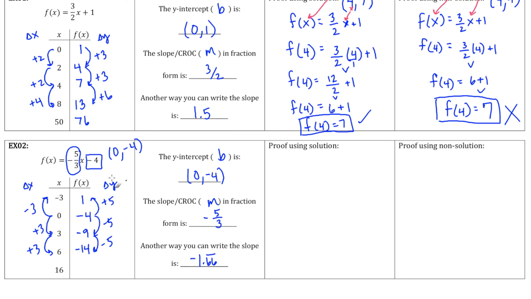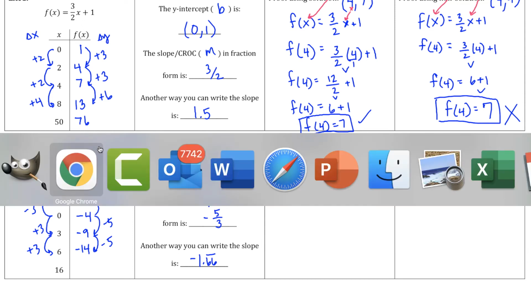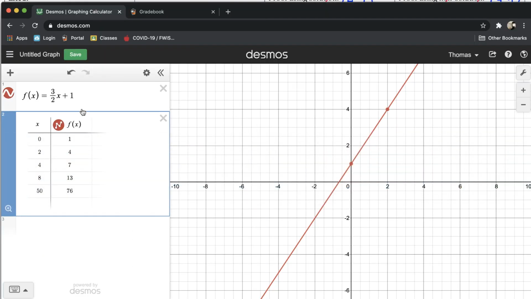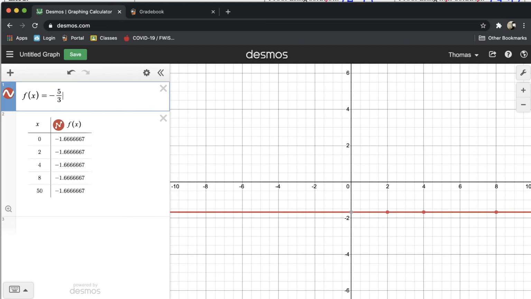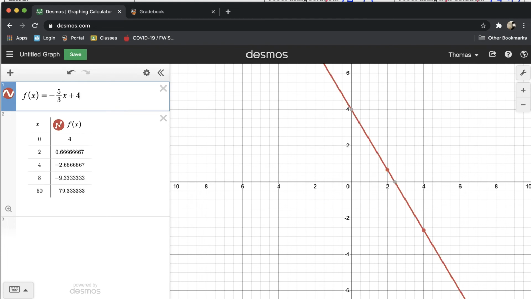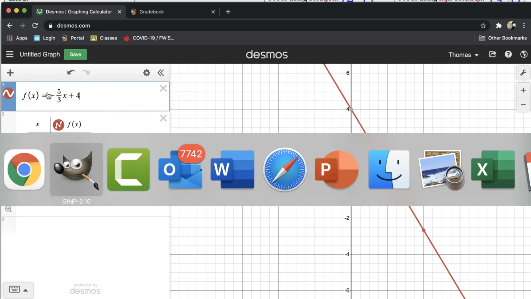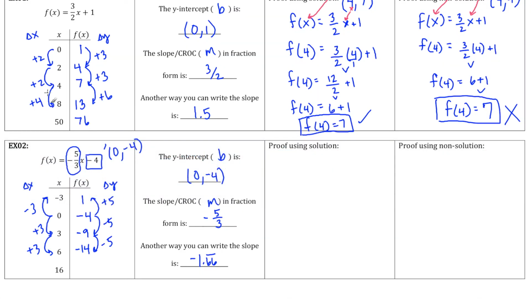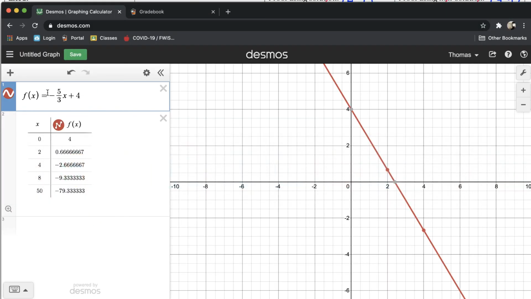Let's go to Desmos. Negative 5 over 3x minus 4. Okay.